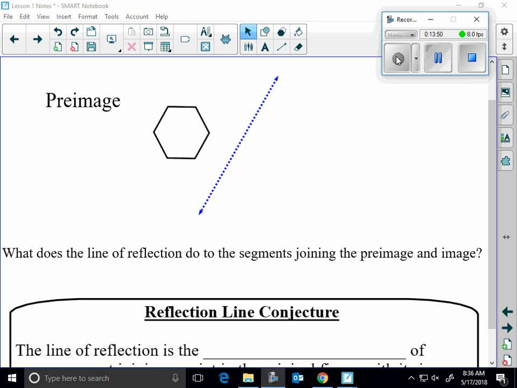Okay, here are the mechanics of drawing a reflection. I'm going to do my best here. It won't be perfect. I'm going to draw a line perpendicular from that vertex, and then I'm going to draw another perpendicular line about that same length. I'm going to do the same thing for this side. You're like, oh, those are the same. No, they're not. That one's a little bit shorter. I'm going to do the same thing here.